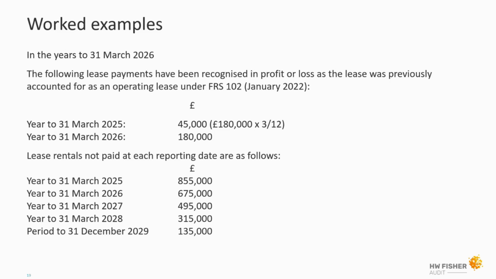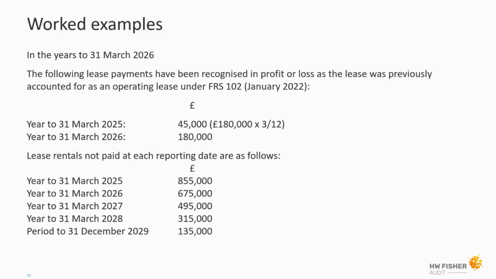Obviously, the new standard starts 1st of January 2026. So for us here, we've got another period to the 31st of March 2026, where we've just got 180,000 as a straight operating lease expense.